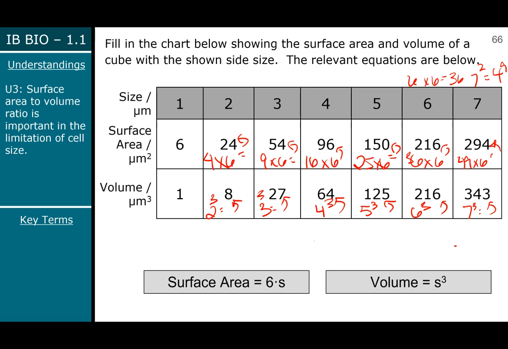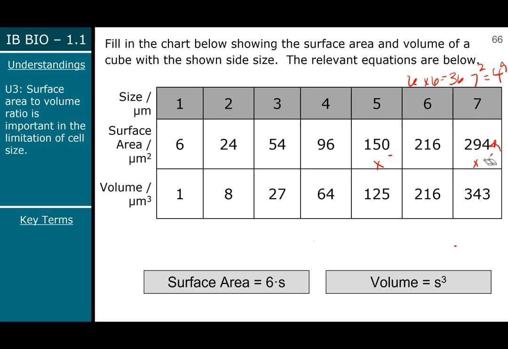Okay. All right. So now that we know how to get all those numbers, let's just distill this and make it really easy. So you take the size squared times 6 to get the surface area, right?